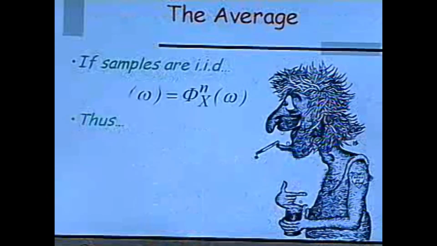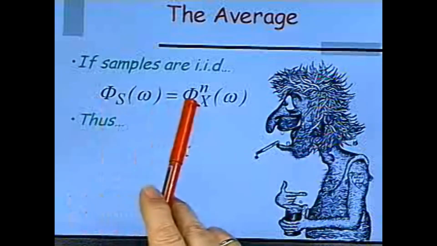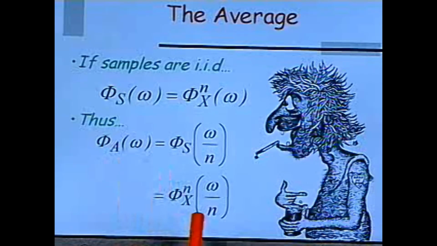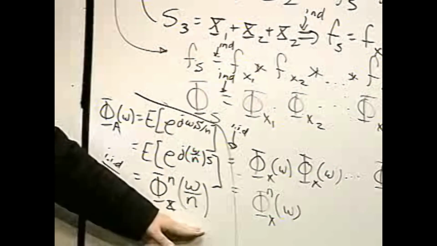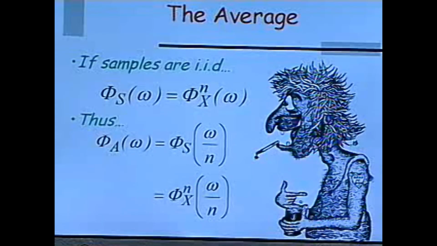And we've actually gone to the next step. This is a characteristic function of the sum. Therefore, the characteristic function of the average is the equation which I have just derived right here. Okay? What are the assumptions? The assumptions are IID random variables. And this is always true.